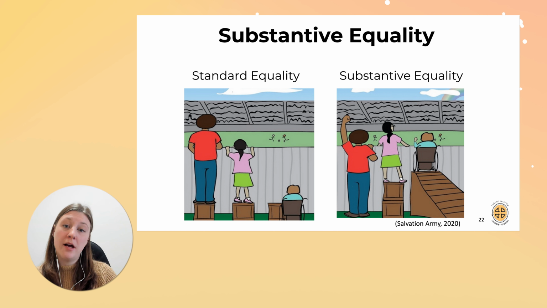So when you're applying for services and products that are above the basic level of healthcare and services, you're going to want to explain how this is ensuring substantive equality, how providing the child with this extra support or individualized support, how that's helping create that substantive equality and equal outcomes.